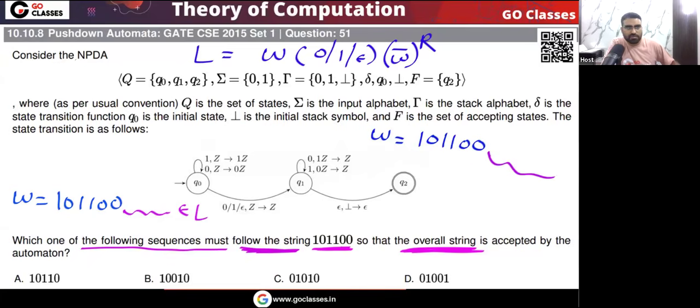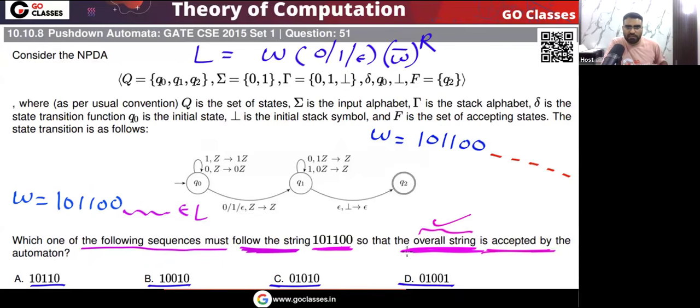What should I add such that the overall string is accepted? See, all the options have 5 length. Did you notice? Each option has 5 length, means there are 5 symbols after this.